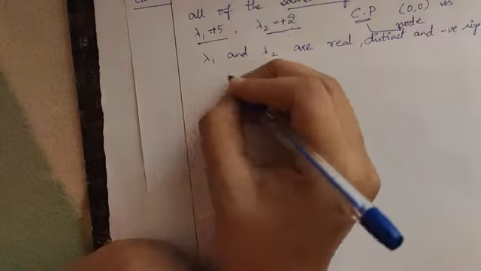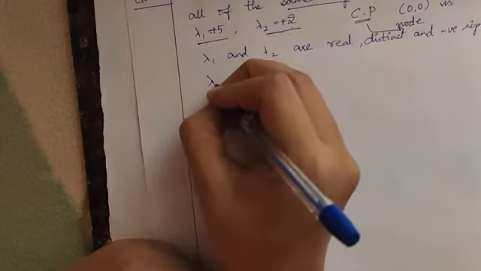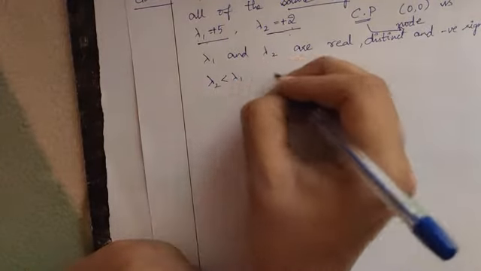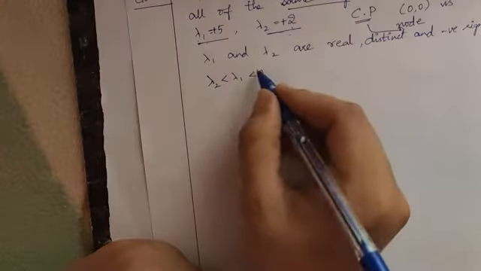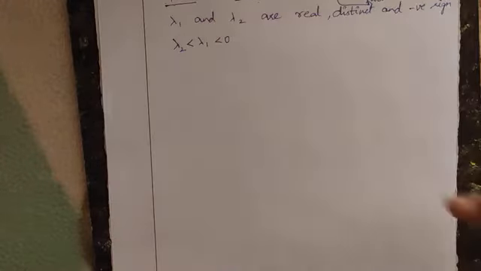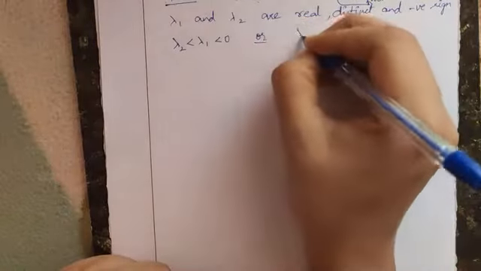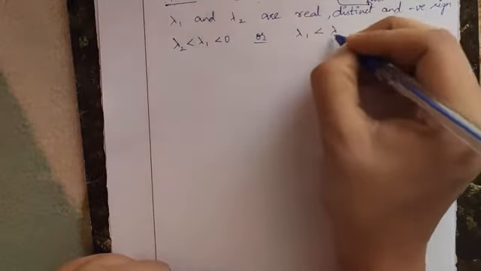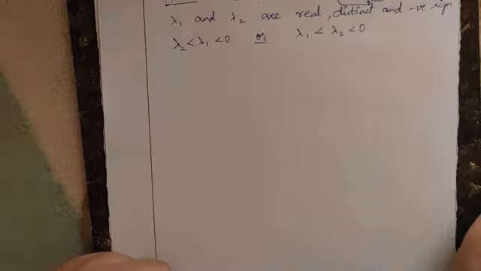That is nothing but I can write that as lambda 2 is less than lambda 1 less than 0, or lambda 1 less than lambda 2 less than 0.